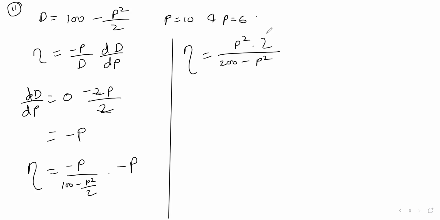This 2 will go there and multiply. So elasticity is 2p square upon 200 minus P square.